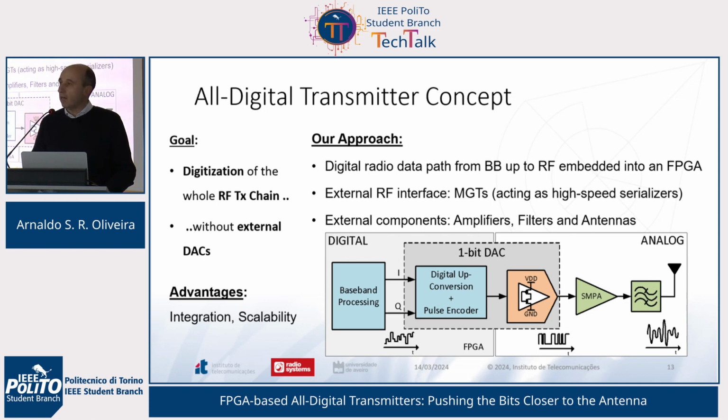The external RF interface I already mentioned is based on multi-gigabit transceivers. Just to give some more information, multi-gigabit transceivers are the digital transceivers integrated on FPGAs that support, for instance, the implementation of the SATA interfaces, PCI Express, high-speed Ethernet, USB.